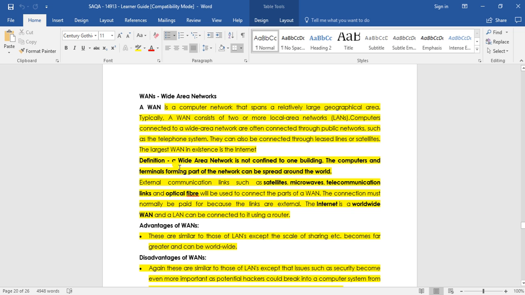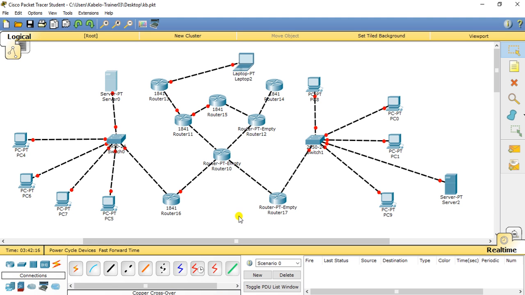The definition: a wide area network is not confined to one building. The computers and the terminals forming part of the network can be spread around the world. Let's say, for instance, we've got one office in Johannesburg and this one is in Cape Town.